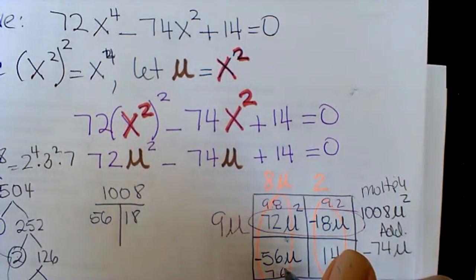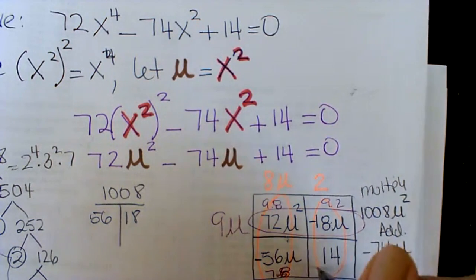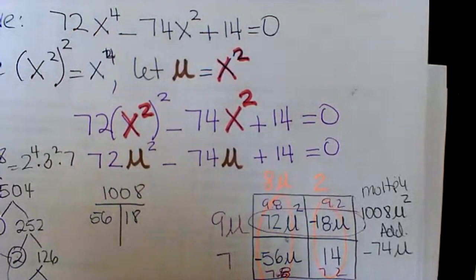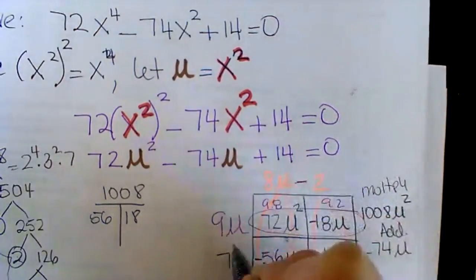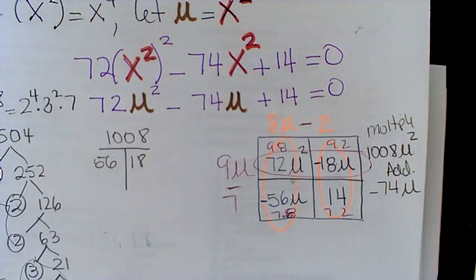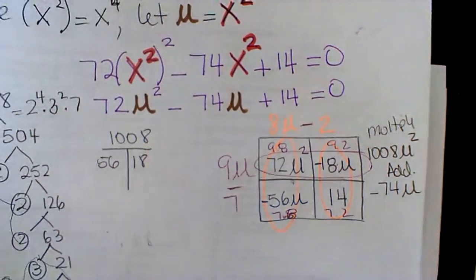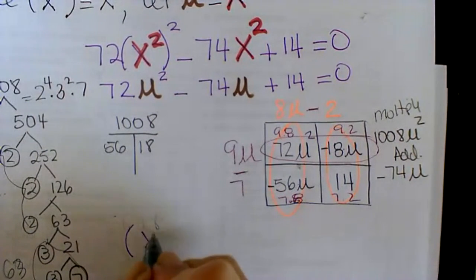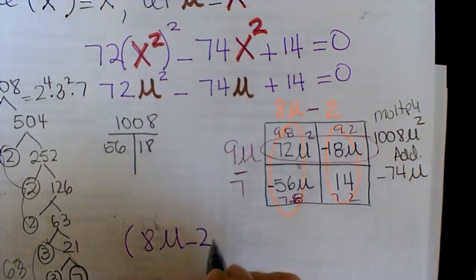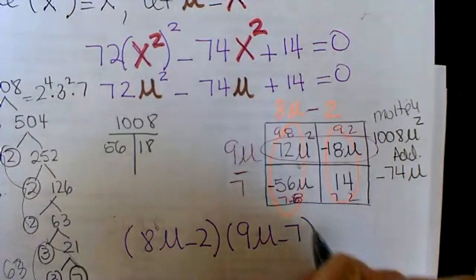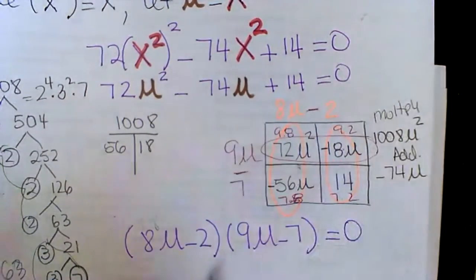No, 7 times 8 and 7 times 2. So it's 7. And we know this is going to be negative and this is going to be negative. All right. So we're going to continue. We got 8u minus 2 times 9u minus 7 equals 0.